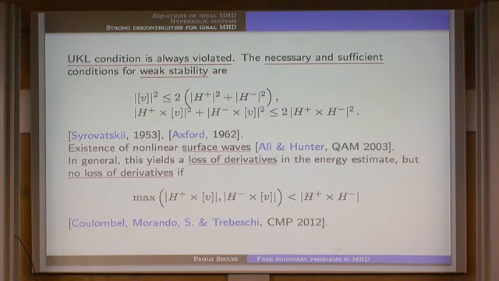It can be shown that in this case one has the existence of nonlinear surface waves, similar to the Rayleigh surface waves of elasticity. This is the region of weak stability.